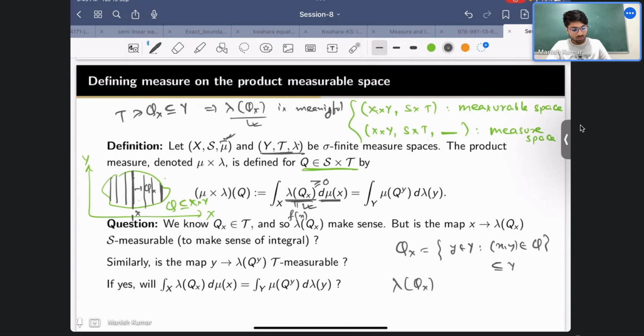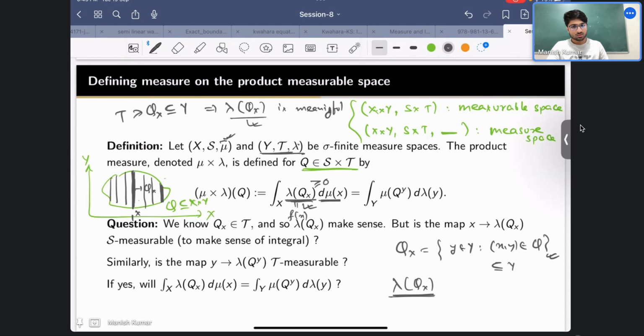Now suppose I change my x as in this figure. Suppose this was my x, and now I change my x to this one. So this set will change, right? Yes, sir. So this measure, this lambda of Qx, will change. You're just measuring the length or size of that set. So this will change as you are changing x.